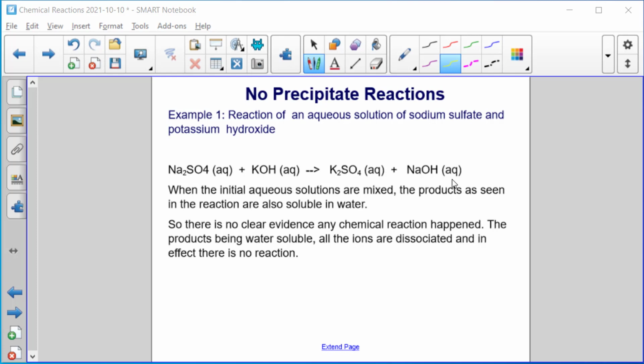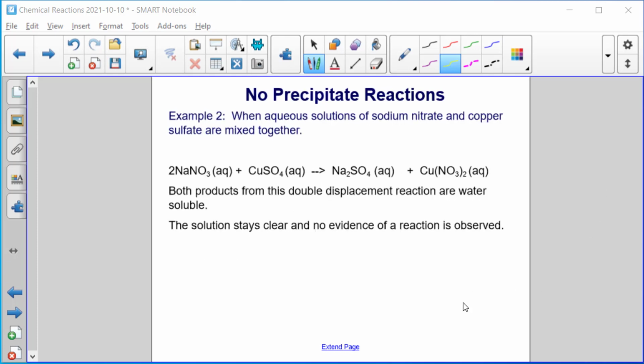That's why we have aqueous here and aqueous here. There's no clear evidence that any chemical reaction happened. The products being water soluble, all the ions are dissociated, and in effect, there is no reaction here. We just have a big solution with 4 different ions floating around, no rearranging or anything like that.